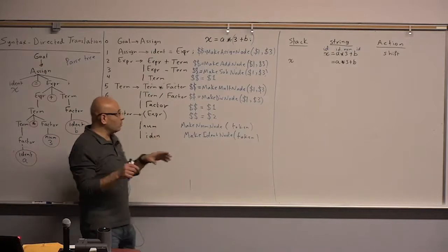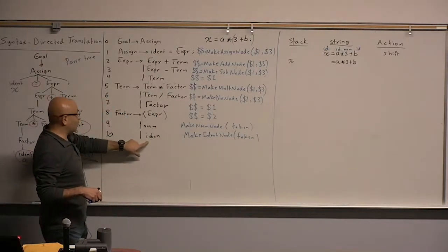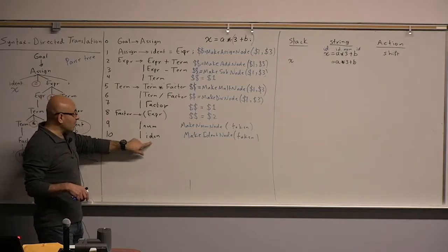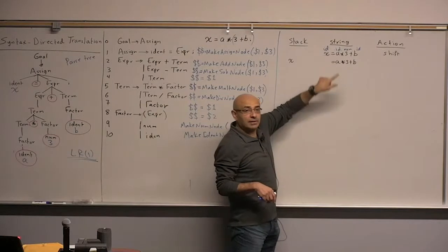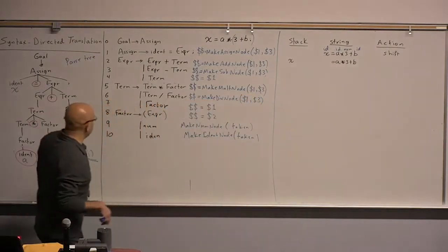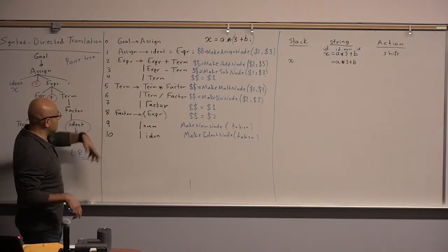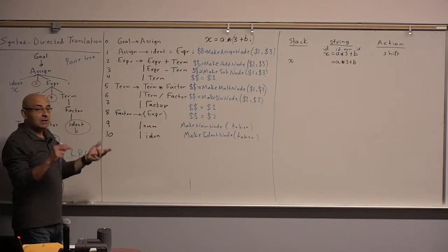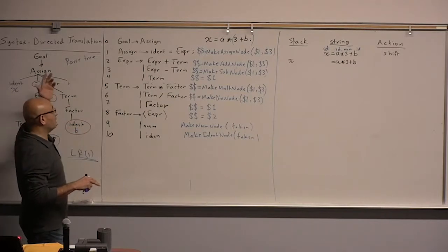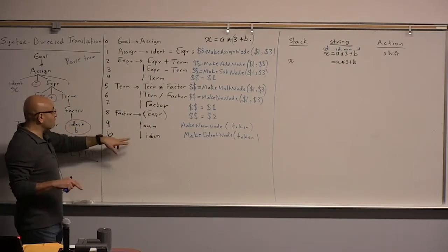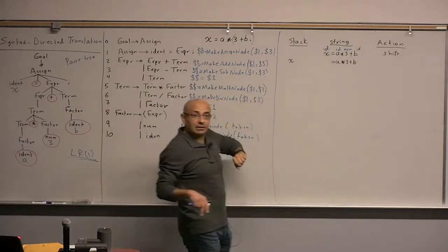So there will be a rule to reduce by rule 10. The reduction by rule 10 will not have a look ahead of equal. It will have a look ahead of something that follows a factor. What follows a factor is a multiply or an add, or it could be an end of file. But a factor is never followed by an equal.